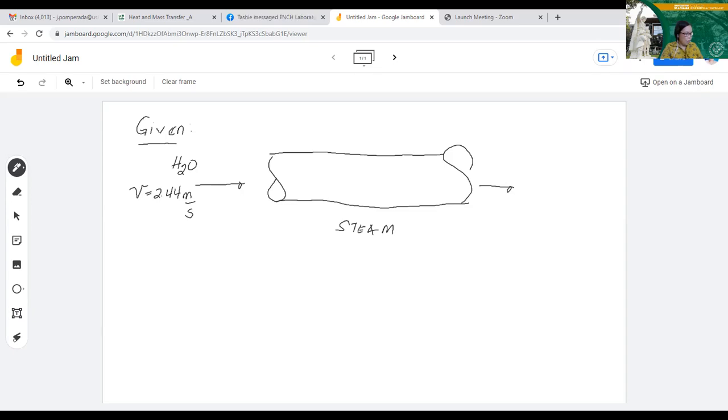Then it says that your steam is at a temperature, which I'd like to label as T_o, 107.8 degrees Celsius. By the way, class, the temperature of the water inside the pipe is given, and this is 65.6 degrees Celsius.